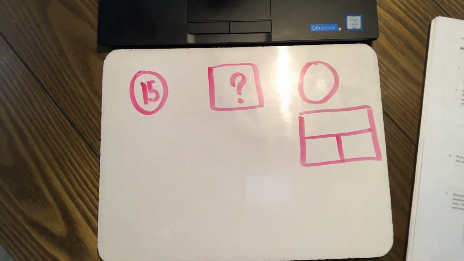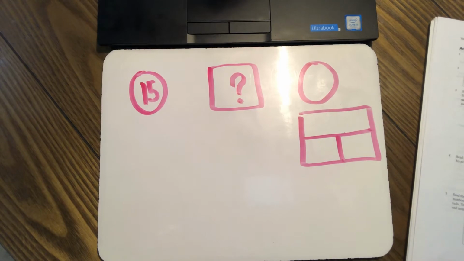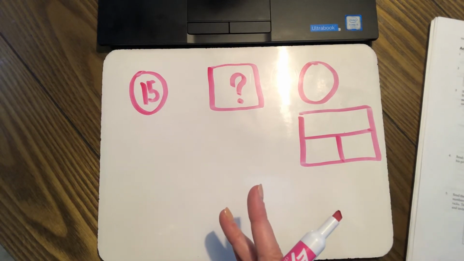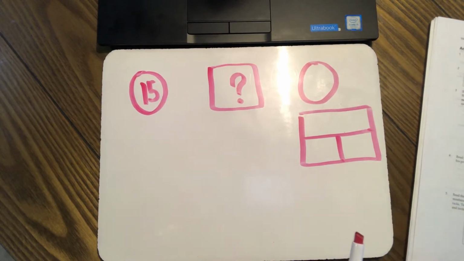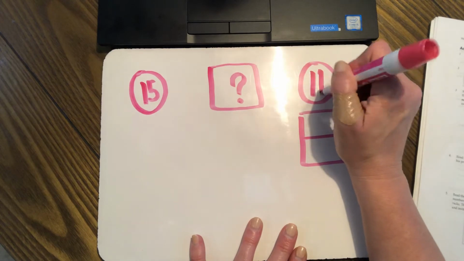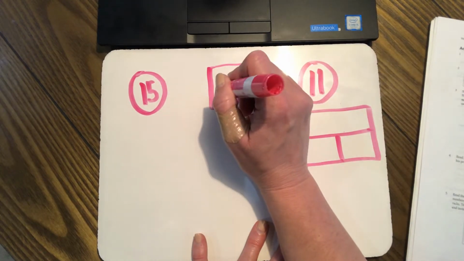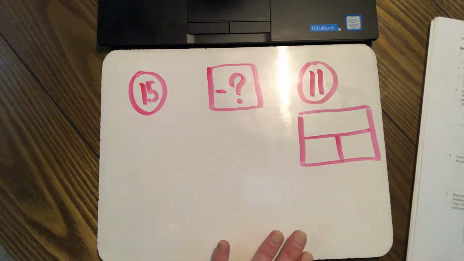Some of you went ahead and put that we were missing the end. But we weren't missing the end because he had 15 prizes, that was the beginning. In the middle, he shared some, and at the end, he had 11 prizes left. So when I share something, it goes away. That is a subtract in my change box.